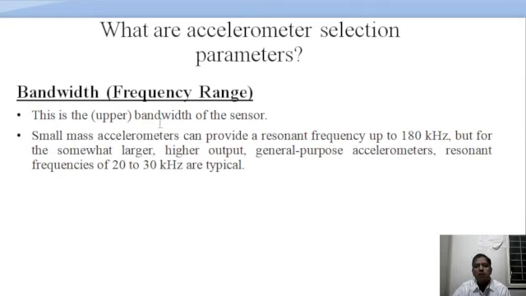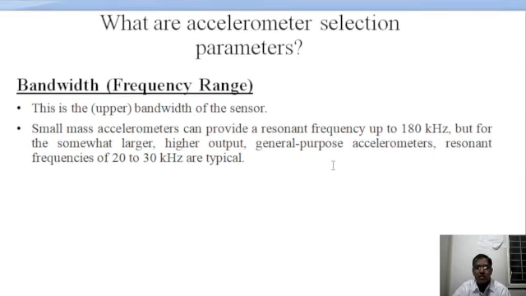So this is the upper bandwidth of the sensor. Small mass accelerometers can provide a resonant frequency up to 180 kilohertz, but for somewhat larger, higher output general purpose accelerometers, resonant frequencies of 20 to 30 kilohertz are typical. The frequency range should be much less than those resonant frequencies.